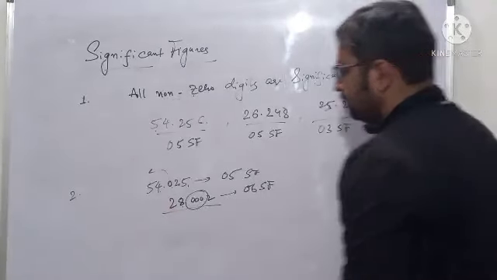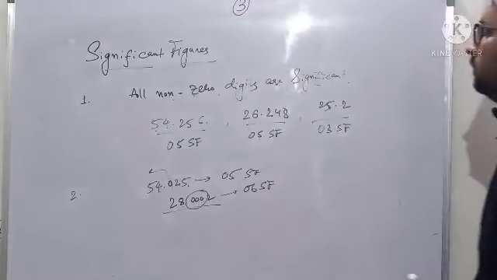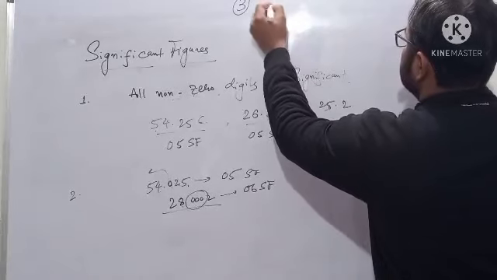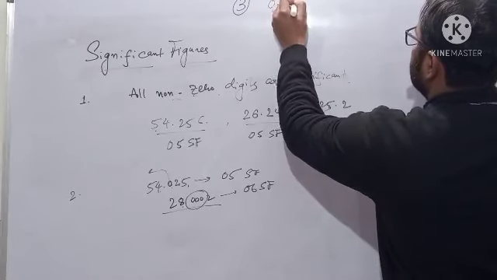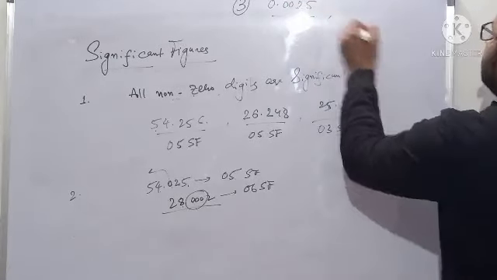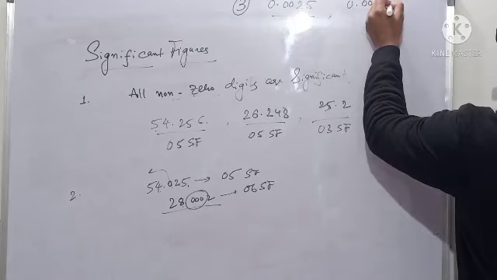Third rule is the zeros which are coming to the left of the number, they are insignificant. Suppose we get these kind of values.